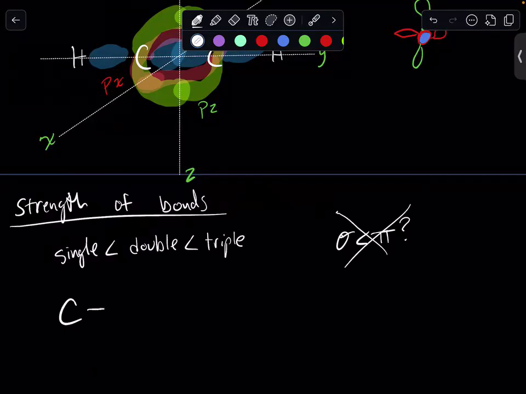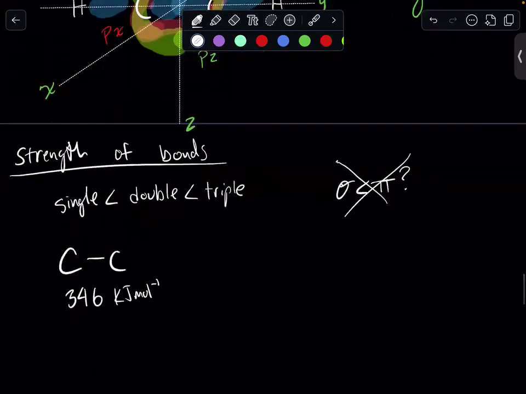If we look at a single bond between carbon and carbon, the energy required to break that bond is 346 kilojoules per mole. That means that the energy required to break a sigma bond, sigma only, is 346 kilojoules per mole.